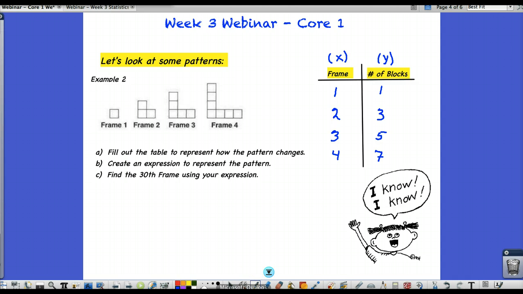Okay, so Donnell, 35 is your answer for question C, right? So see if you can actually come up with the rule.